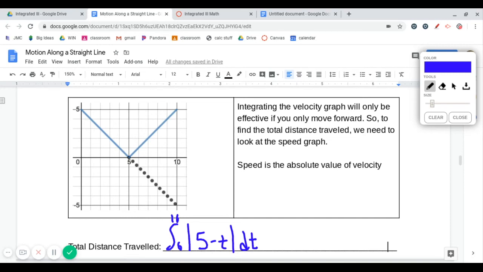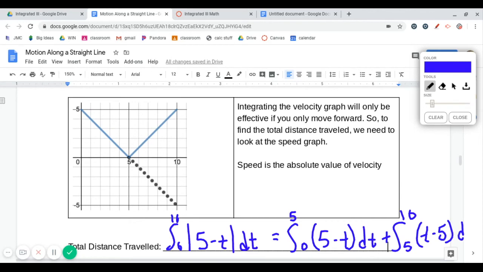But we don't know how to integrate absolute value functions, so we're going to split this into two separate integrals. This equals the integral from 0 to 5 of 5 minus t dt, or you could just use areas of triangles to calculate these as well. Plus the integral from 5 to 10 of this function, which is going to be positive t minus 5, so t minus 5 dt.